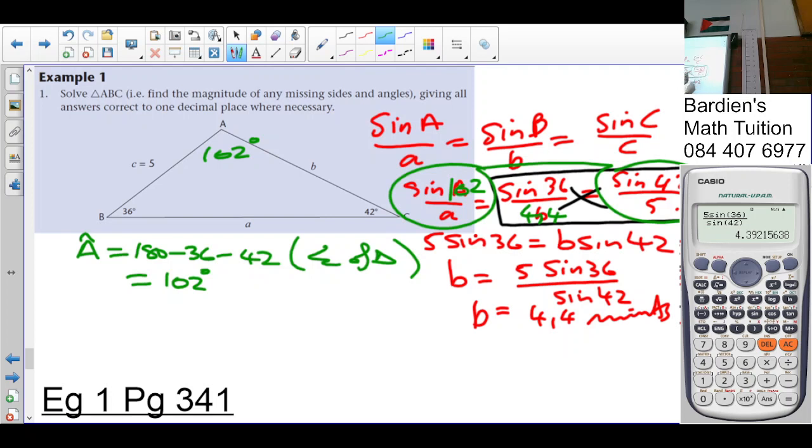Even if I had made a mistake in the previous calculation in pursuit of calculating b, that mistake would have filtered through here. But if I can use the given information, that's better for us. You guys understand? So do the substitution and solve for a for me.